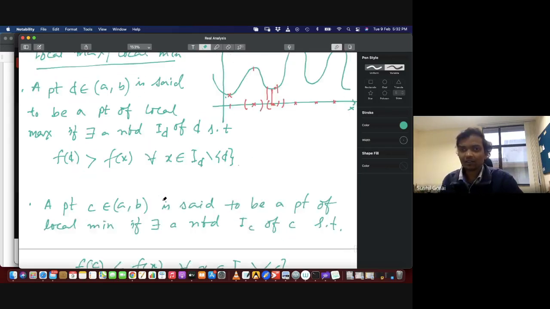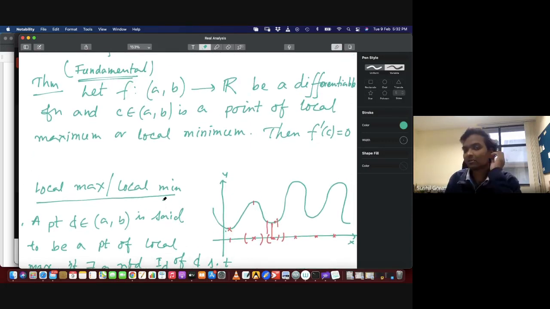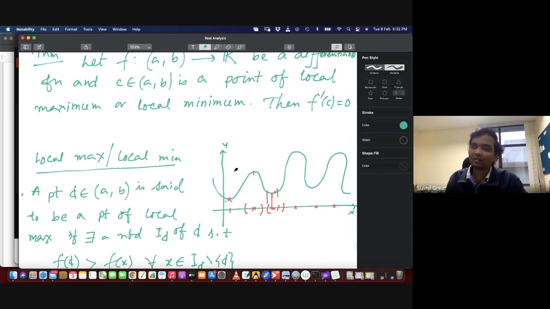All right, so these are local min and local max. And the theorem says when there is a local max or local min for a differentiable function, then the derivative vanishes. Derivative vanishes means the tangent is parallel to the x-axis.